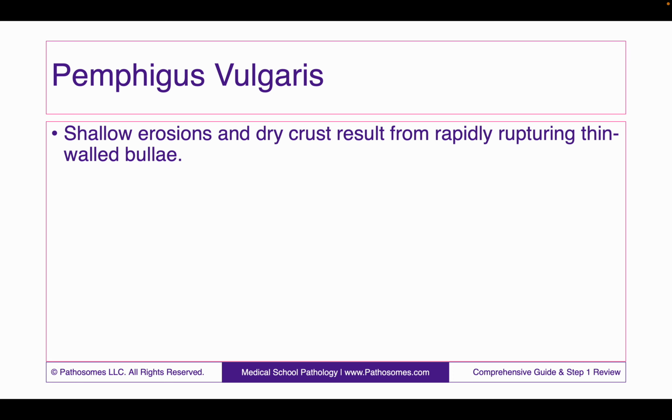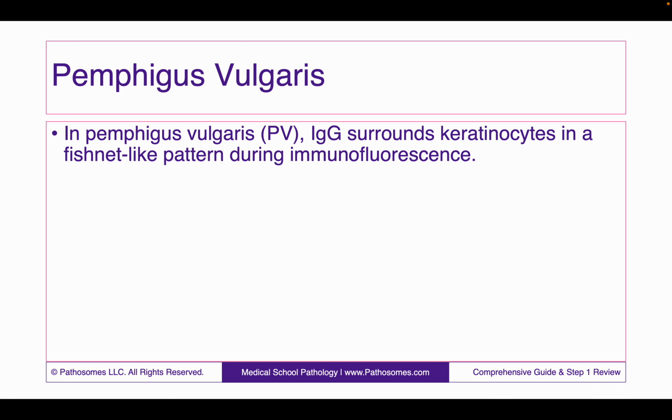Shallow erosions and dry crust result from rapidly rupturing thin-walled bullae. In Pemphigus vulgaris, IgG surrounds keratinocytes in a buzzword, fishnet-like pattern during immunofluorescence.